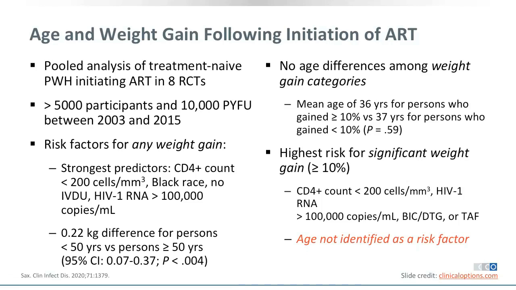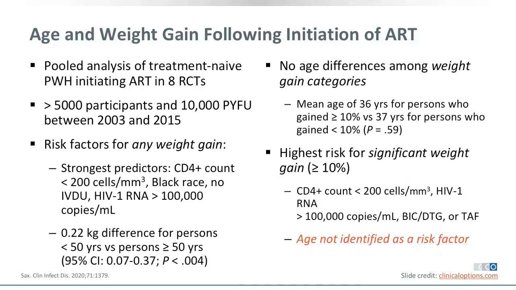And the strongest predictors, as you know, of weight gain were a low CD4 cell count, black race, very important, and a high HIV RNA at baseline. But being younger, below 50, was associated with a small but significant greater weight gain versus older people. So all people are not at risk of greater weight gains.